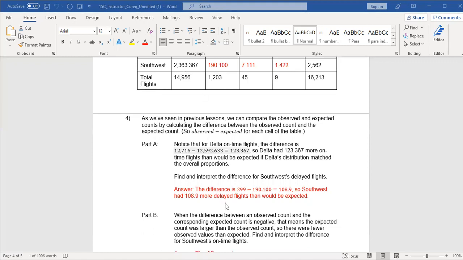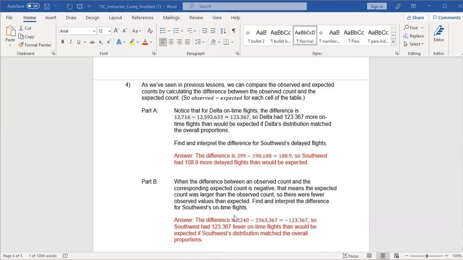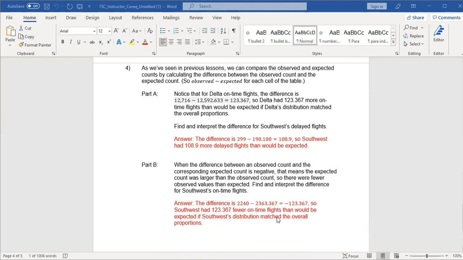If we subtract these two numbers, we get negative 123.367. So Southwest had 123.367 fewer on-time flights than would be expected if Southwest's distribution matched the overall proportion.